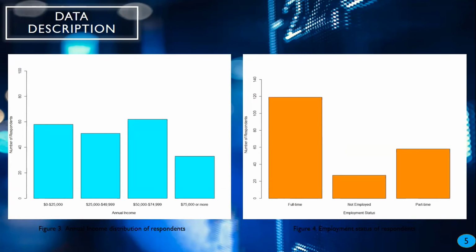All groups have about 25% of all respondents, and it will help us describe investment decision by income in a good way. On the right-hand side, we have employment status. Most of my respondents are employed, either full-time or part-time, and about 20 people are not employed.